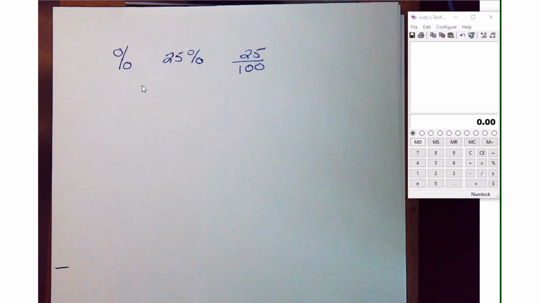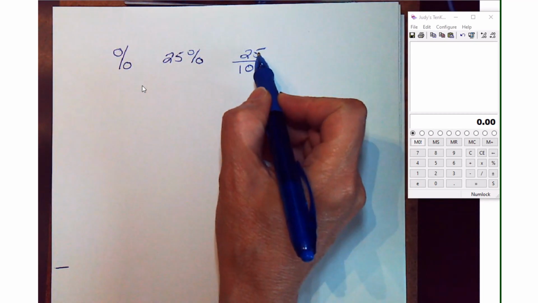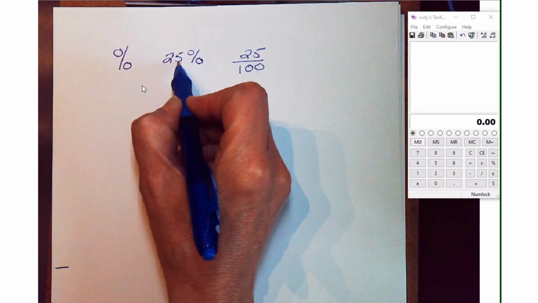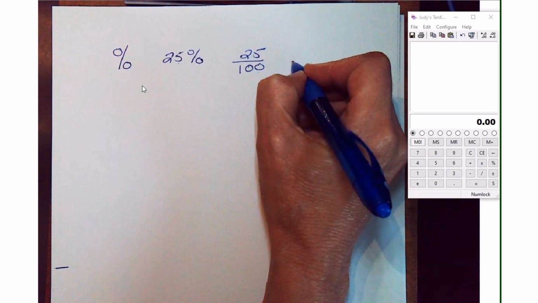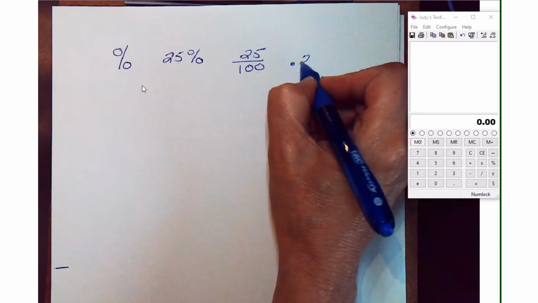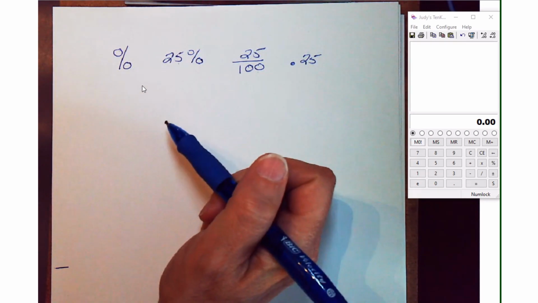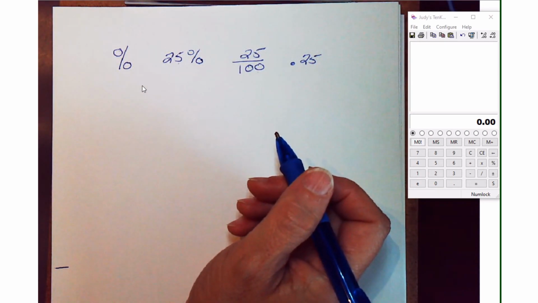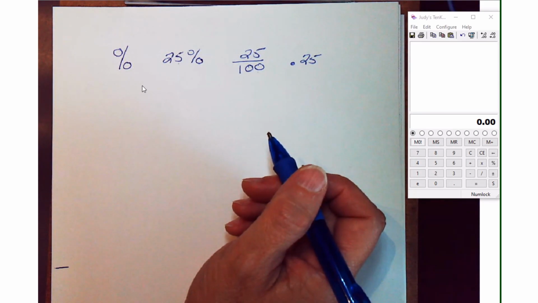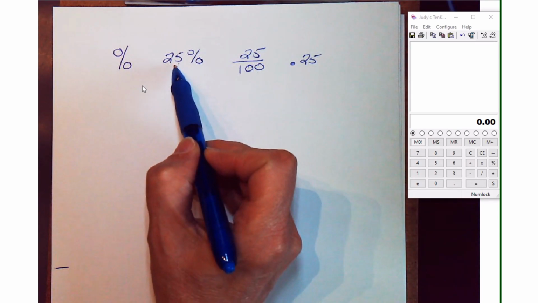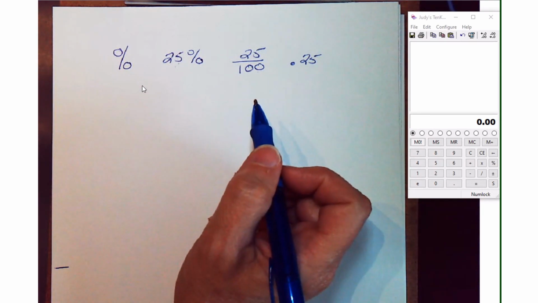So we can write it as 25 out of 100, or we can write it as 25%, or we can convert it to a decimal, which would be 0.25. So there are different ways to express these numbers, and it depends on what data we're working with as to whether I want to use percents, fractions, or decimals.